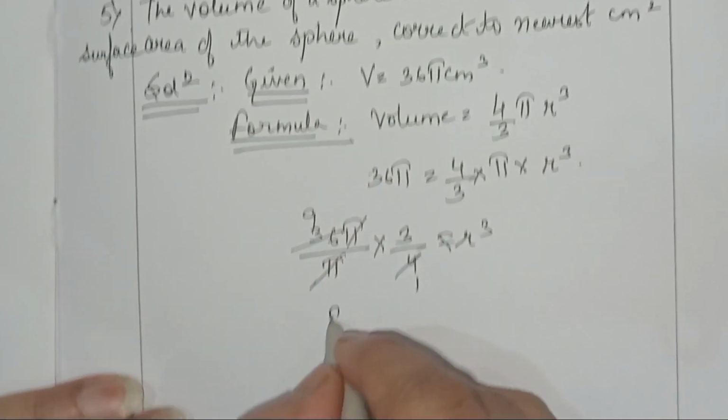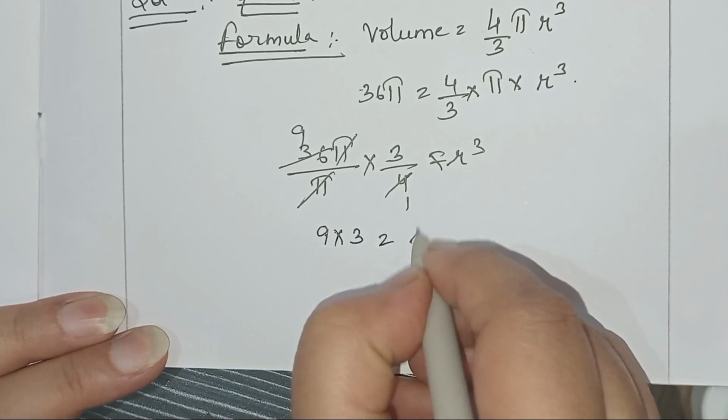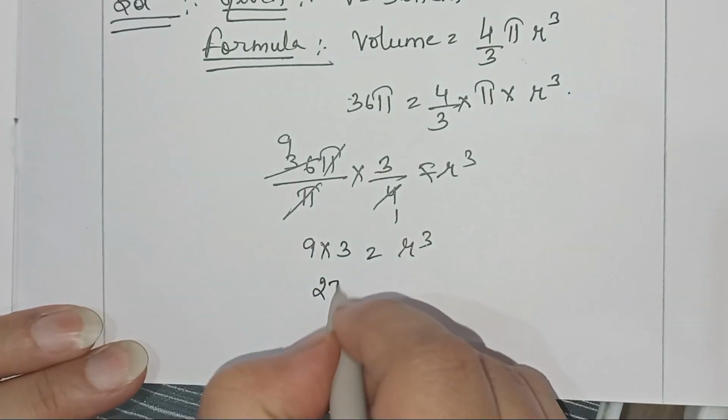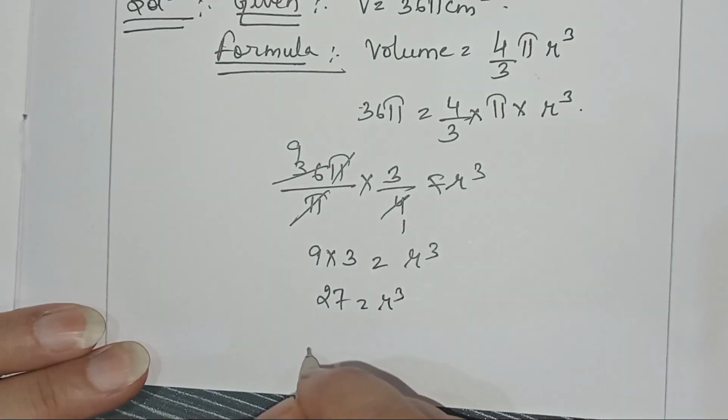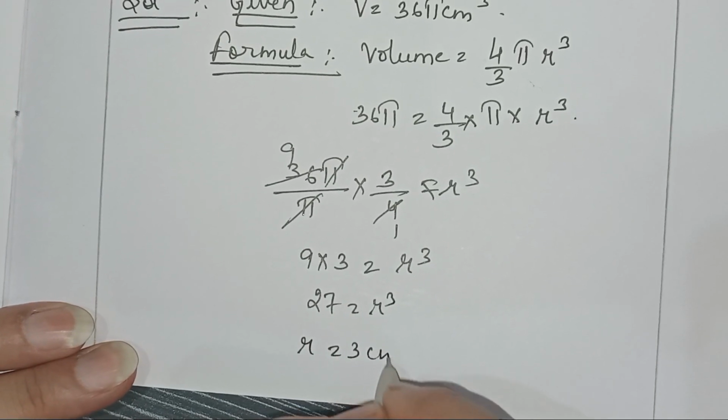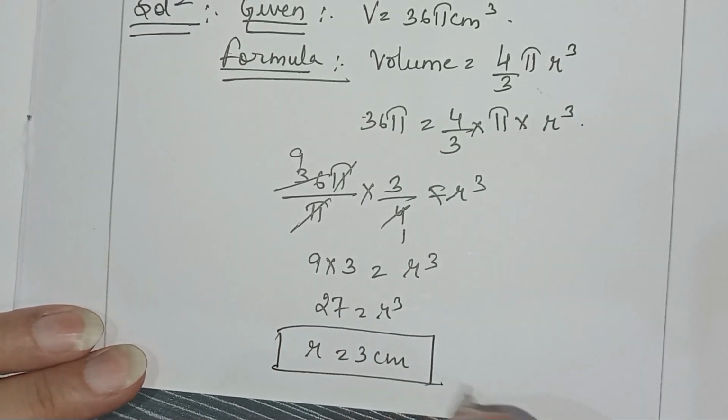So 9 into 3 is 27, which is equal to r cube. R will be 3 meters.